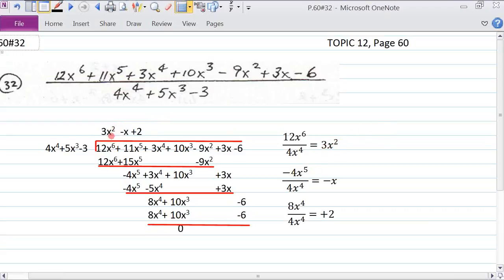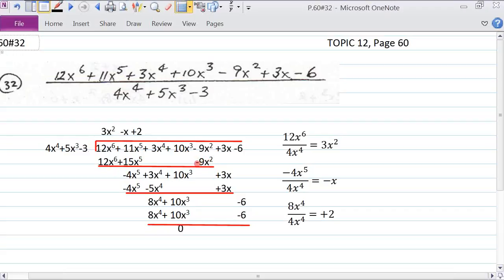So I put 3x squared times 4x to the 4th, which becomes 12x to the 6th. 3x squared times plus 5x cubed becomes 15x to the 5th. And when I multiply 3x squared times minus 3, I get minus 9x squared.